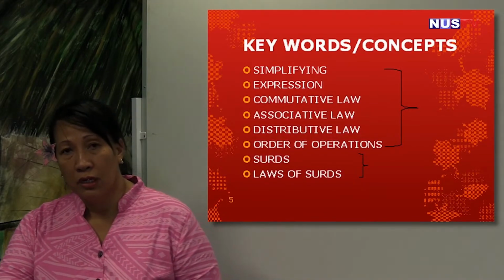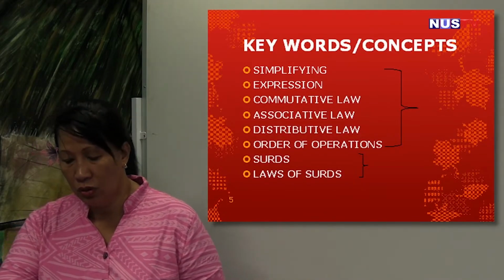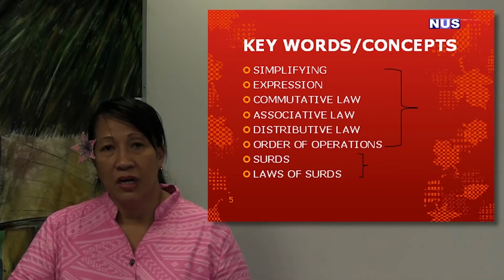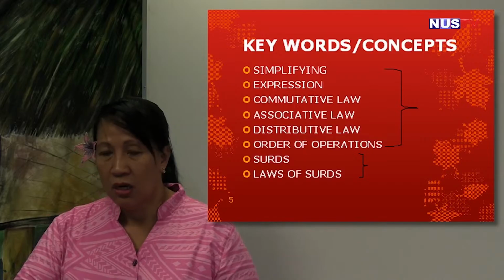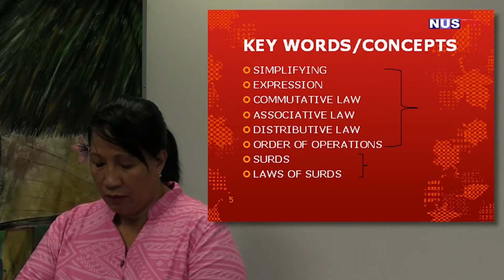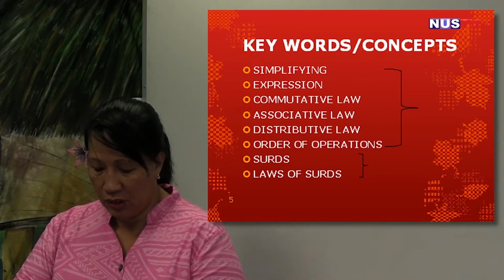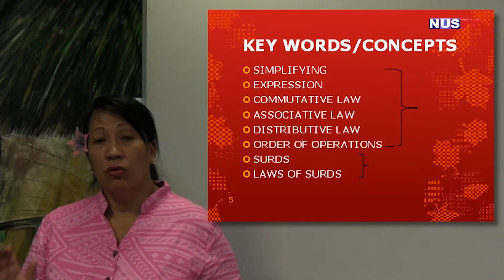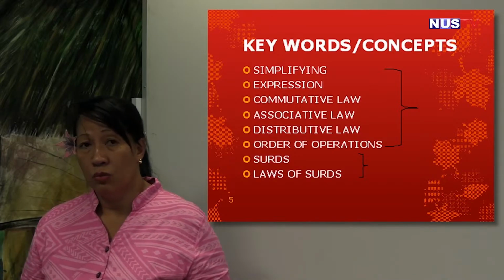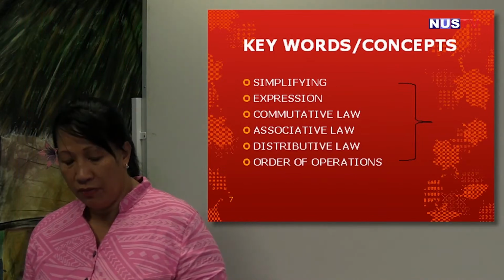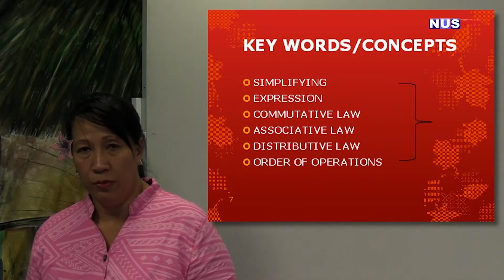Our keywords and concepts today are: simplify, expression, commutative law, associative law, distributive law, order of operation, surd, and laws of surds. Now, because of the time limit, we are going to focus only on simplifying up to the order of operation.